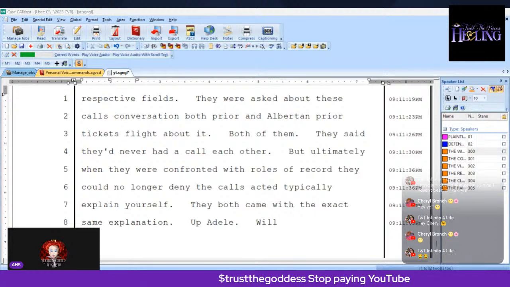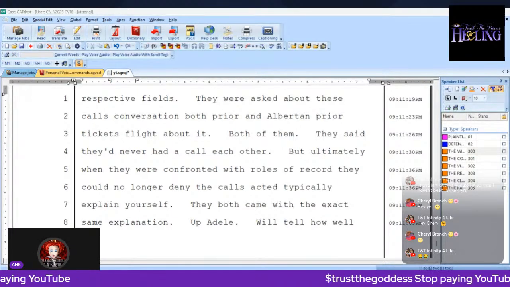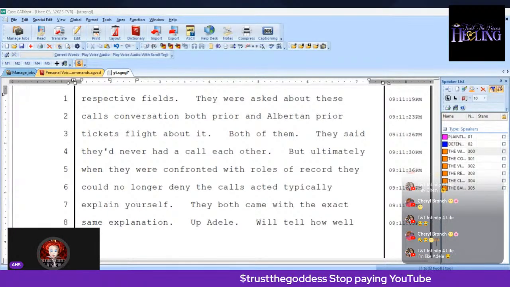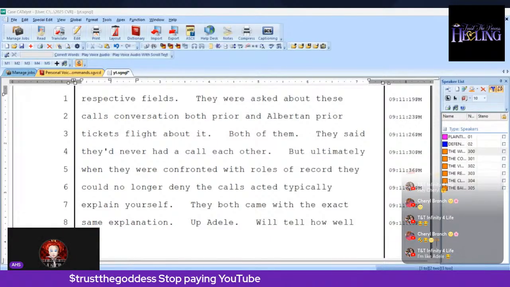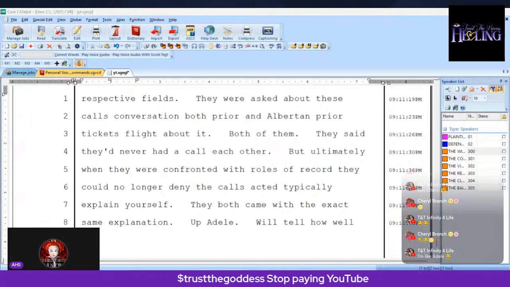Hold on. So when I play my audio back, I will hear a butt dial. Yeah, right, I'm Adele. I will hear a butt dial. So what I'll do is go to the mistranslation and edit it and put a butt dial.